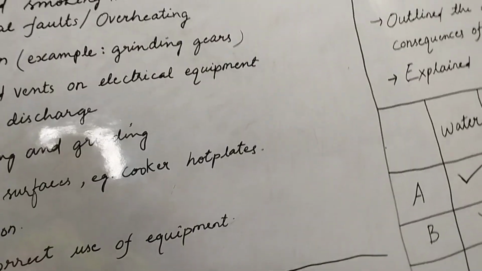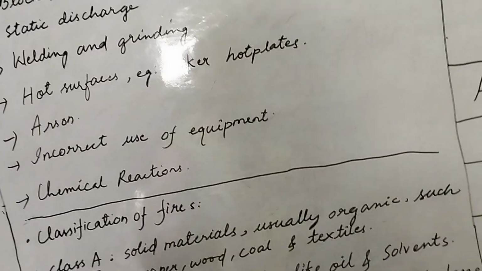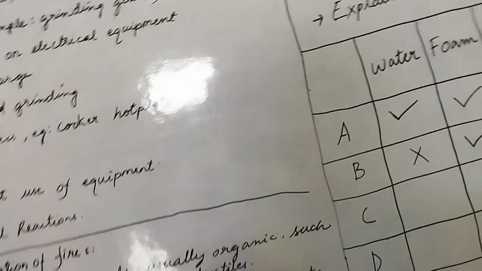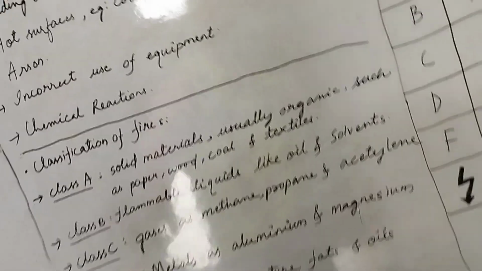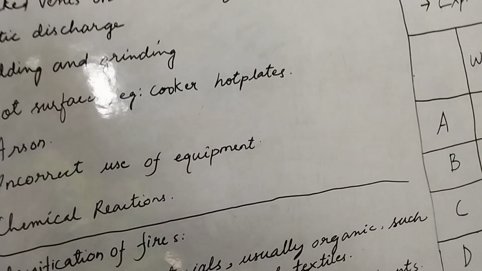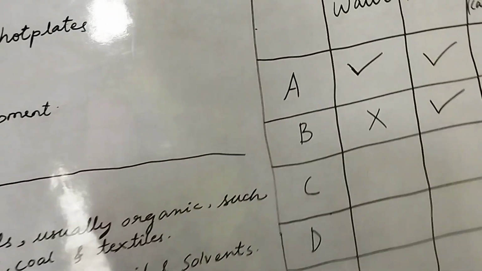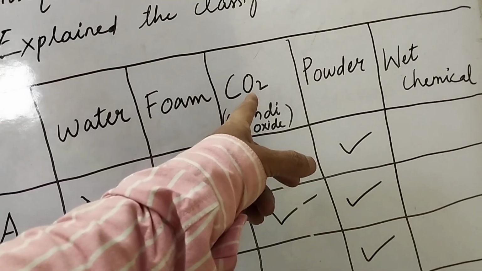Now number 2, I am showing you the classification of extinguishers for the outcomes of classification of fire. Flammable liquid like oil and solvent, so you have to use foam. And classification of fire C, gas such as methane, propane and acetylene, that means carbon dioxide.